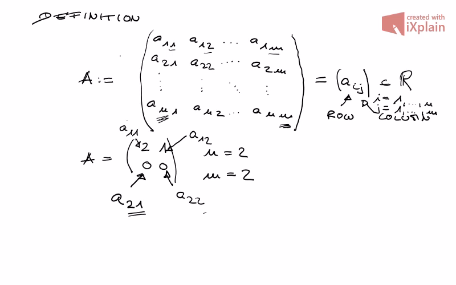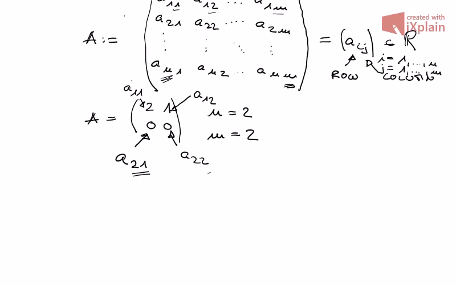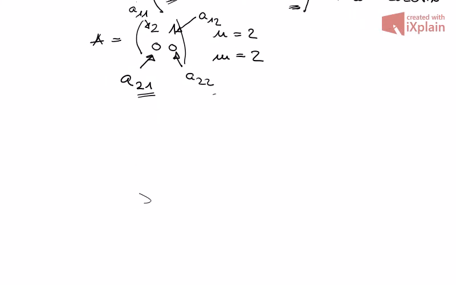In general, to write quickly that A is an n by m matrix with the real numbers as potential entries, I will use this notation. So there's a matrix A, and it is an n by m matrix. So this is what this should mean.